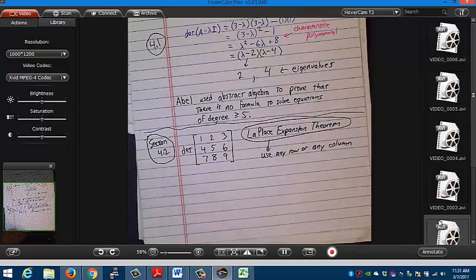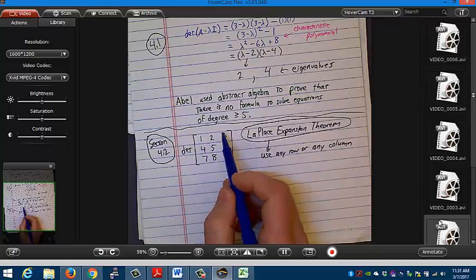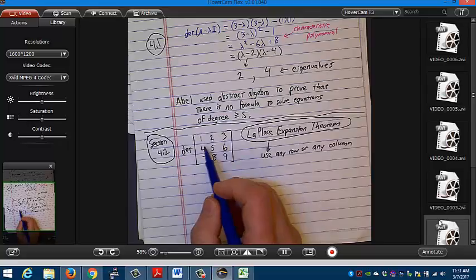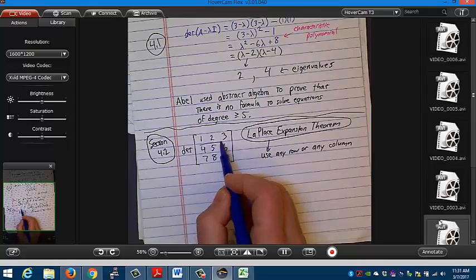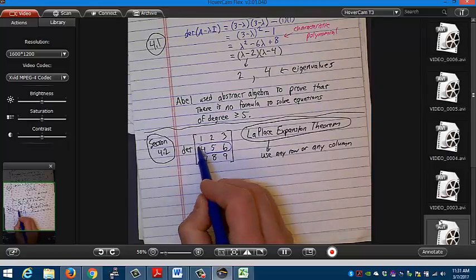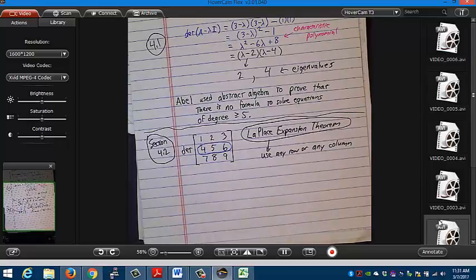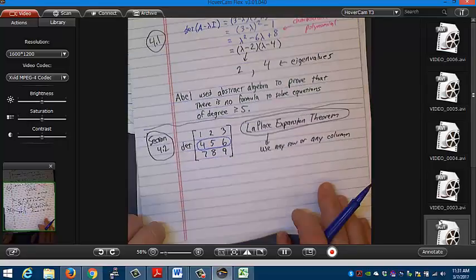All right? So what do you want me to use, a row or a column? Row. Okay, row what? 1. Row 1. All right? Tell you what, I'll use row 2, and then I'll have you guys do it with row 1. We'll see if we get the same thing. Laplace says we're going to.